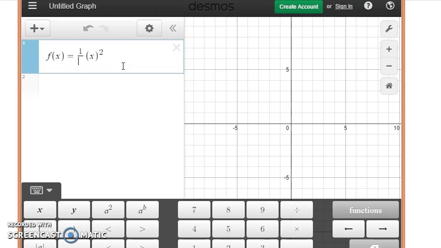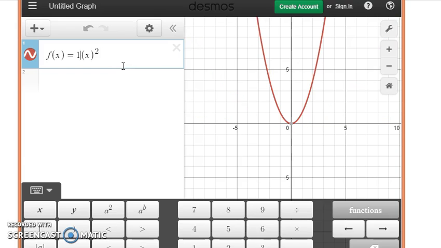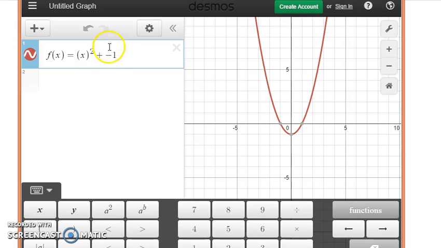If this A decreases in number, it becomes more wide. That's A. When we have D on the outside here, if you add 1, it goes up 1. If you add negative 1, it goes down 1. Hopefully that one's intuitive. That's transformations.